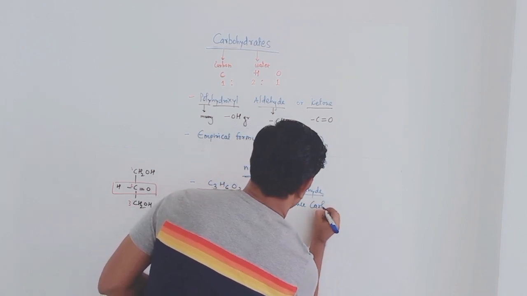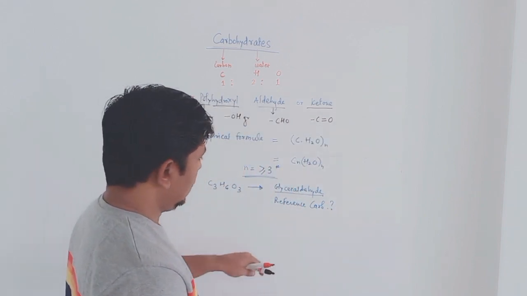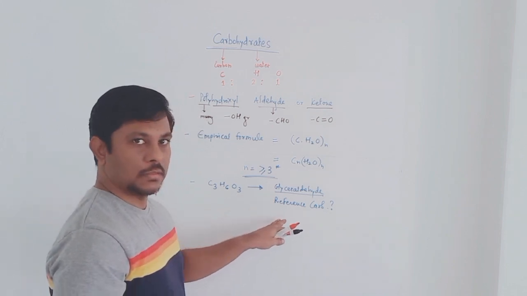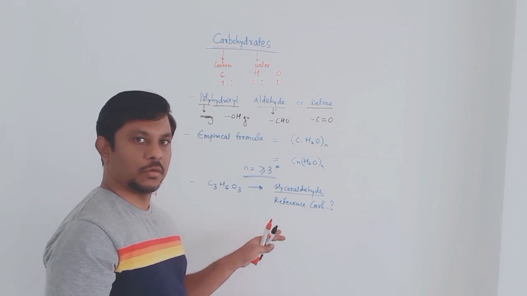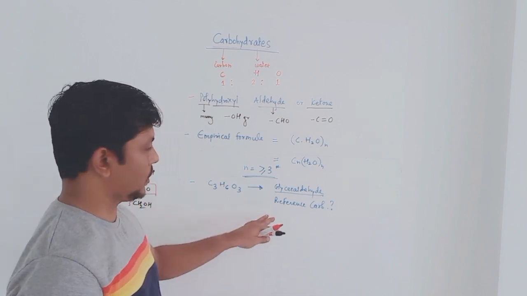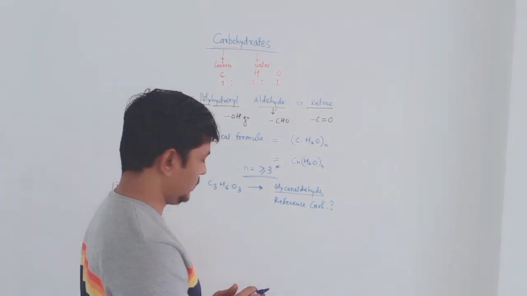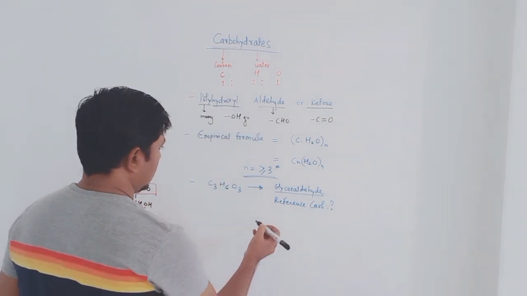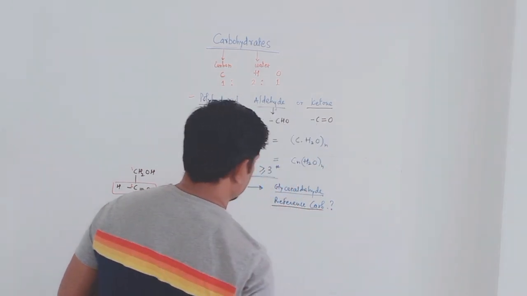Why is that? Because this is the smallest sugar, or the smallest monosaccharide or carbohydrate molecule, from which all other carbohydrates can be formed by addition of carbon atoms. So we call it a reference carbohydrate.